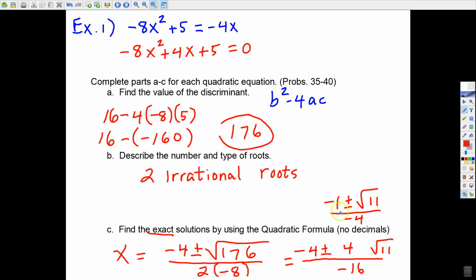And the only thing I would do here is when you have negative divided by negative, that's really what? Positive. So to clean this up a little bit, you would say 1 plus or minus root 11 over 4.